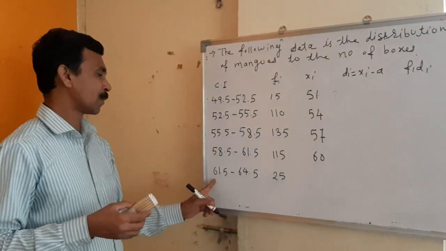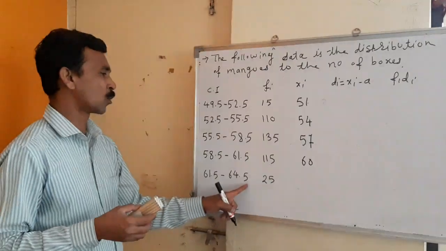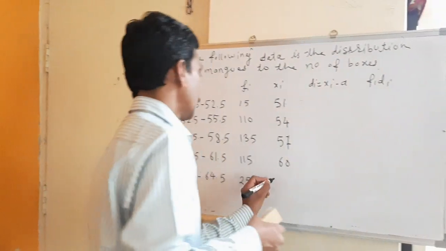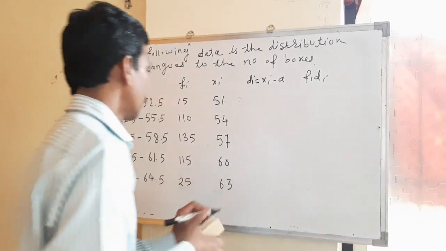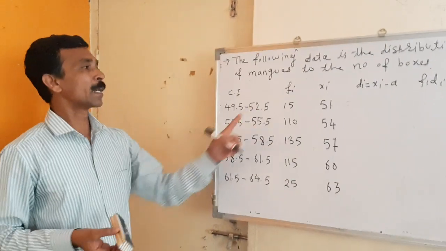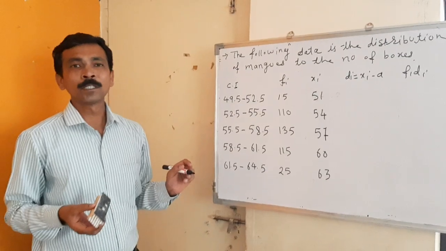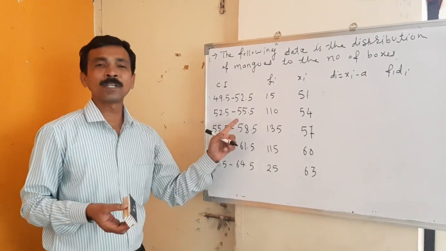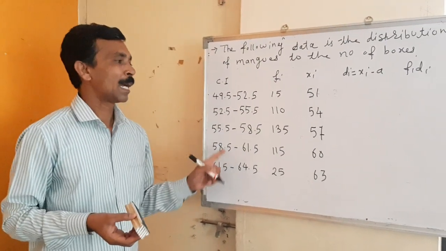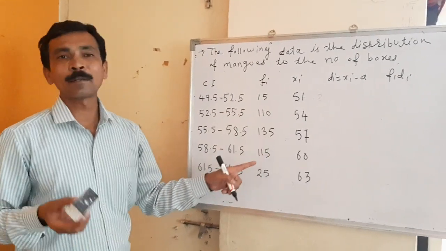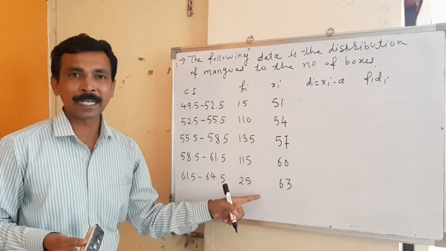And the last class interval 61.5 to 64.5 divided by 2 is 63. Because the formula is lower limit plus upper limit upon 2, you have to add it very carefully and then divide it by 2. I have added in mind and divided by 2 and then I got Xi.